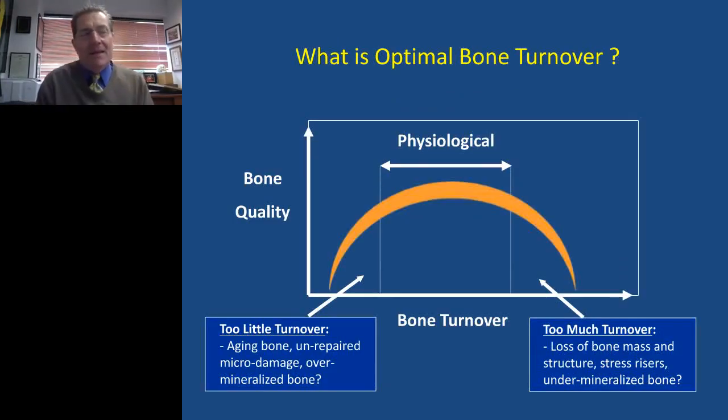Now, it's not clear what is the optimal bone turnover rate. We have some data that if the bone turnover is too high, it can impair the strength of bone and lead to fractures. Or at the other spectrum, if the bone turnover is too low. So for example, in conditions where there's very high bone turnover, such as severe hyperparathyroidism or space travel, or immobilization, it can lead to impairment in bone quality and bone strength.